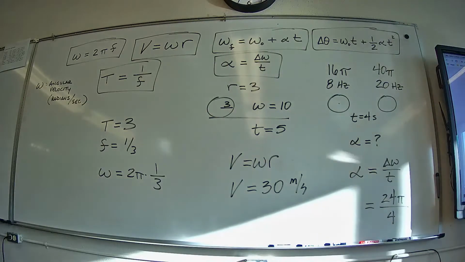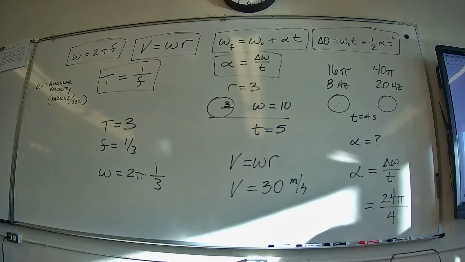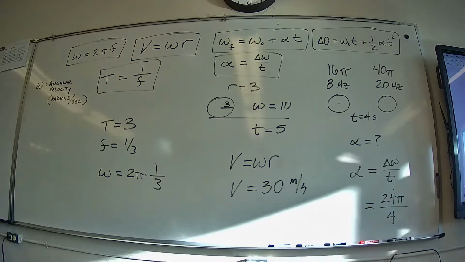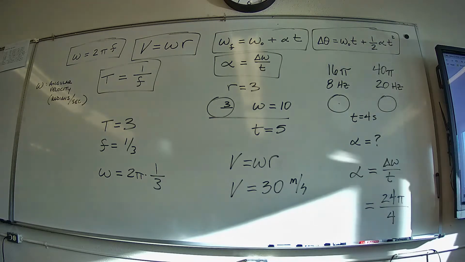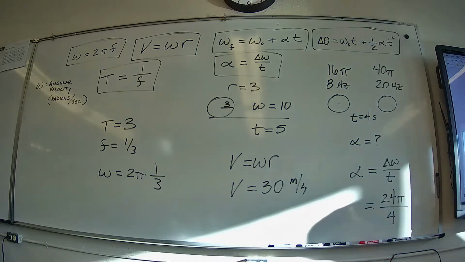So my alpha was 6 pi radians per second per second. Again, not 6, 6 pi. Are we yes for that one?